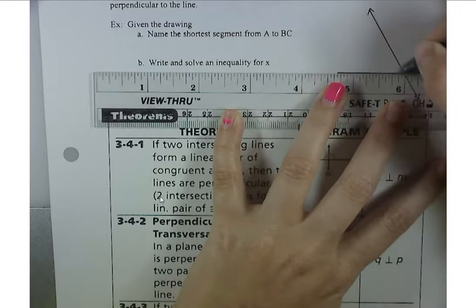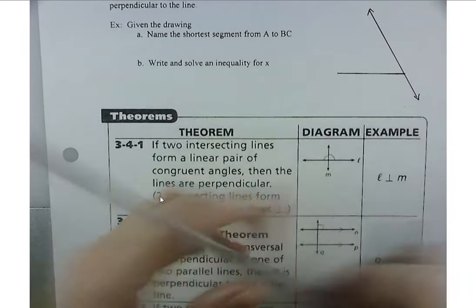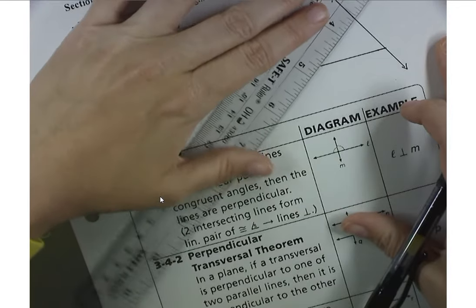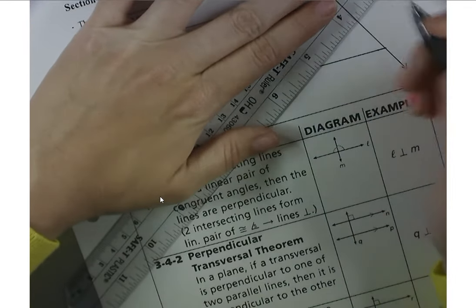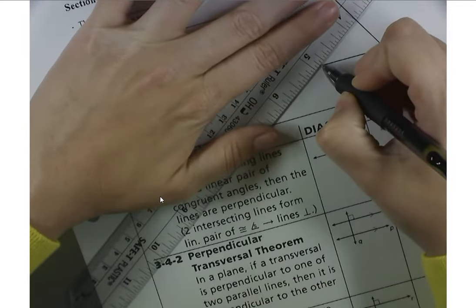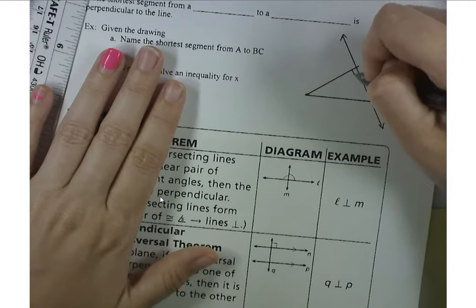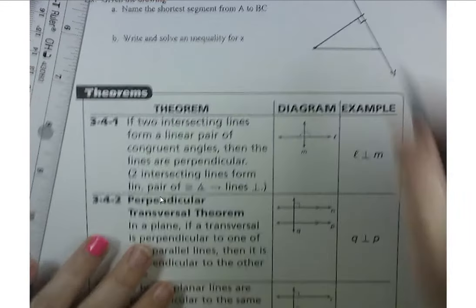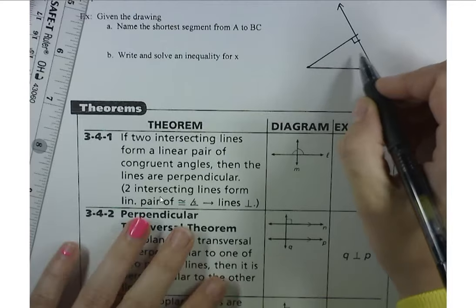So we're going to start by drawing a line, and then we are going to be drawing a triangle. Okay, and then if we see this little square, we know that means it's a right angle.